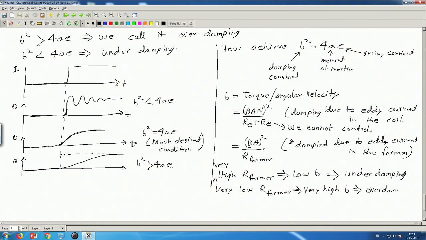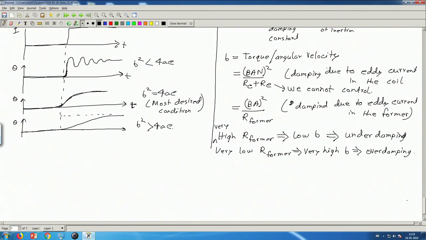That means it will not oscillate, but it will be slow. It will take long time to reach the final position, and we have to wait before we can take the reading. So for some value of R former, b square should be equal to 4ac.